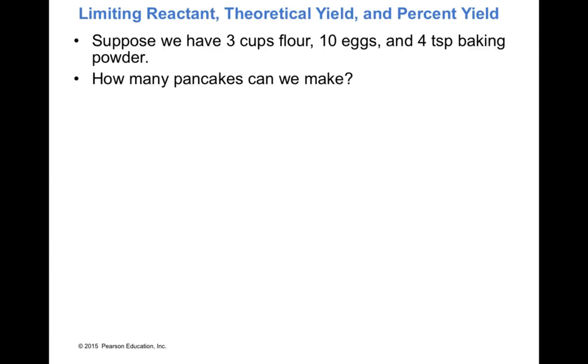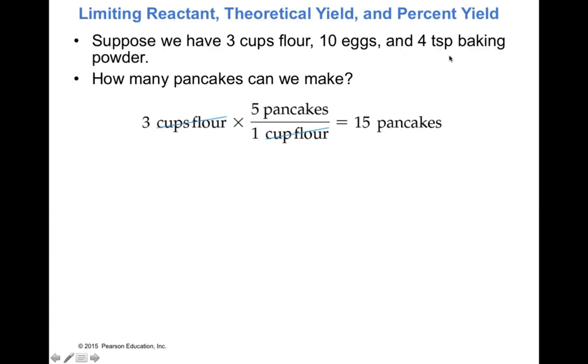So to determine this, we need to calculate how many pancakes would be produced by each of the reactants individually. So we start first with the cups of flour. For 3 cups of flour, we will look for this ratio that is in the recipe: 1 cup of flour will produce 5 pancakes. When we use this ratio, we multiply 3 times 5.